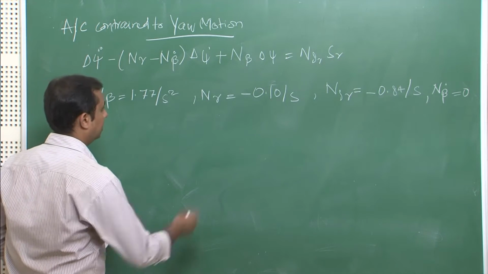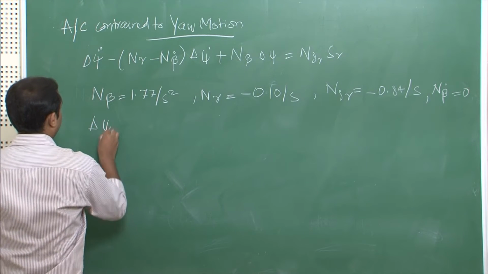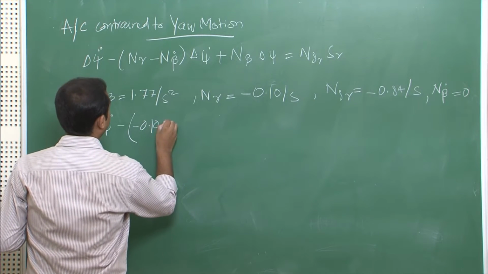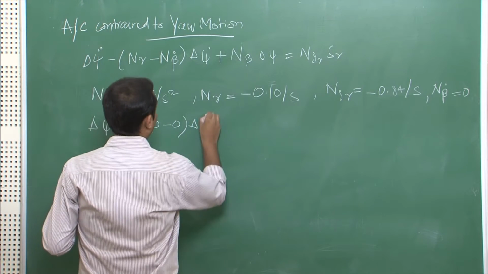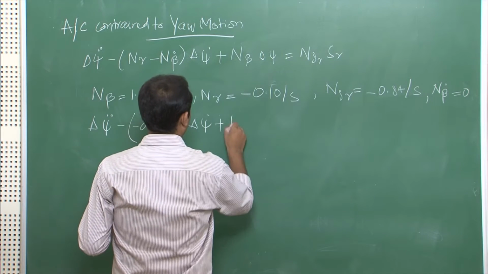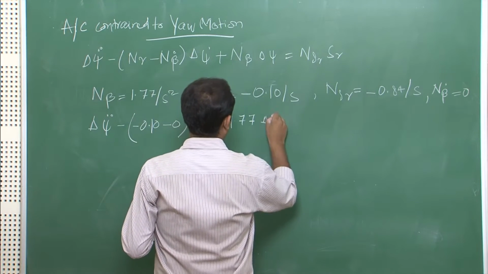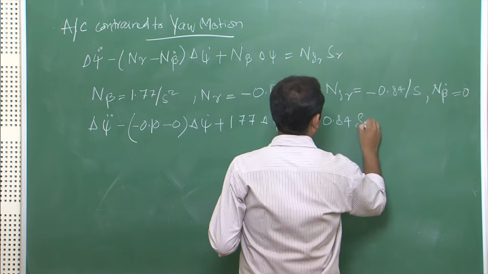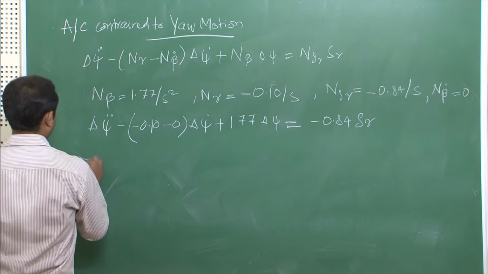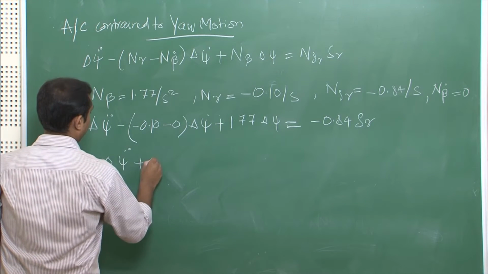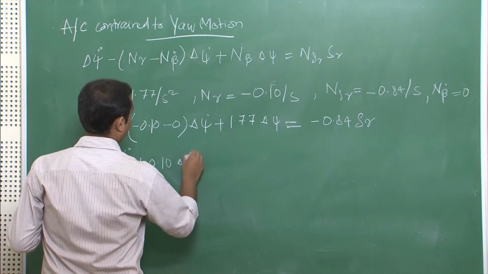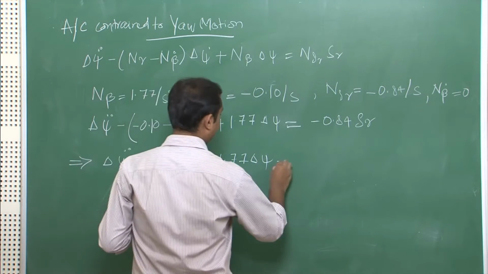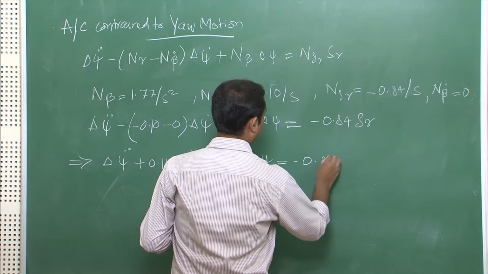Now, using these values and substituting in the differential equation, I will get delta psi double dot minus (minus 0.10 minus 0) delta psi dot plus 1.77 delta psi equals to minus 0.84 delta r, which gives me delta psi double dot plus 0.10 delta psi dot plus 1.77 delta psi equals to minus 0.84 delta r.